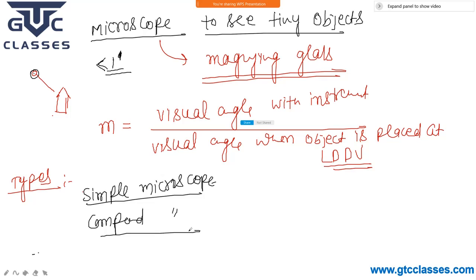Why do we need two? Why is one not sufficient enough? What's the issue? For further magnification. Yeah, but we can put here one lens only with a higher magnifying power. What's the issue?